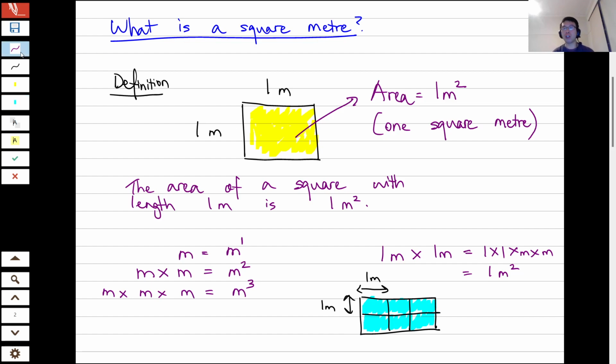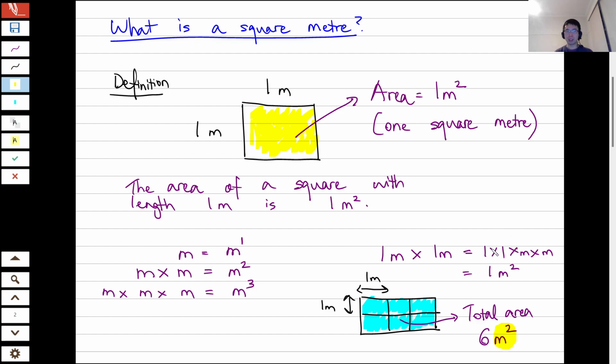So if I know that 1 square has an area of 1 square meter, then the total area would be not 1, but 6 square meters. And I'm going to write square meters with this symbol m to the power of 2, or literally m squared, or meters squared.